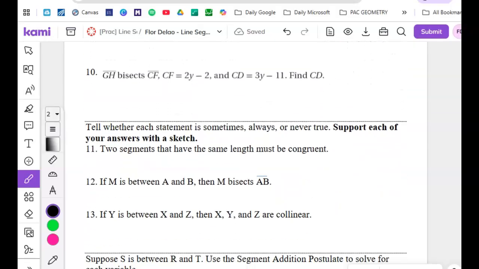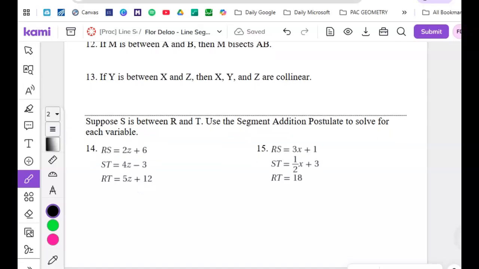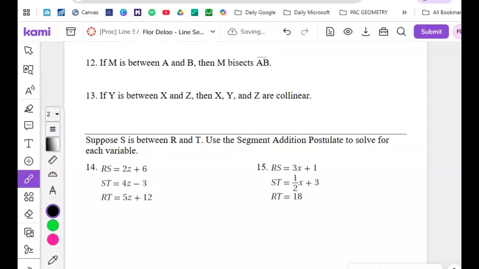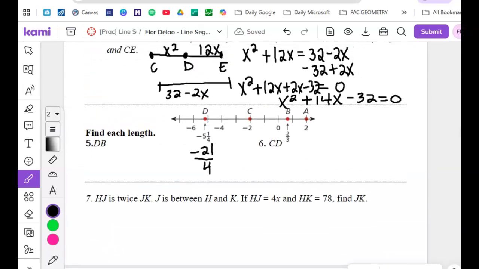The other ones are pretty straightforward with the equations, okay? I didn't do it, I just changed this number here. Also, you can use it for number 7.